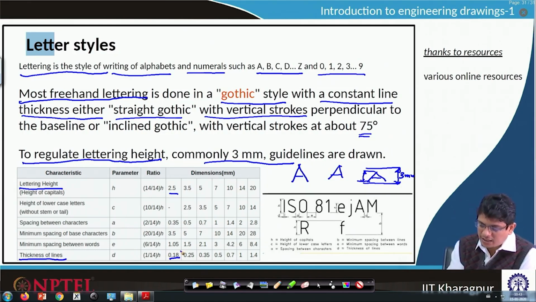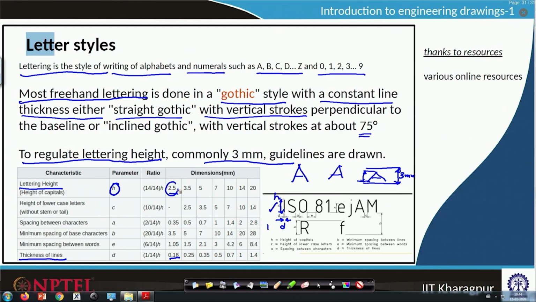To understand that, on the right hand side, we have this letter I, which has a height of h and a width of d. So, here h is 2.5 millimeters and d is 0.18 millimeters.